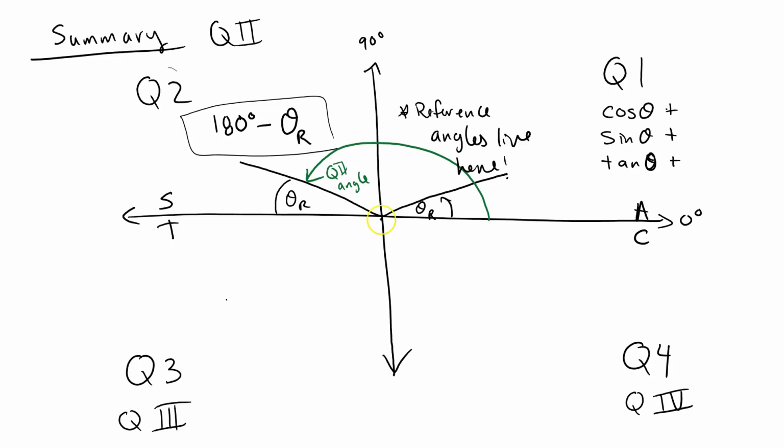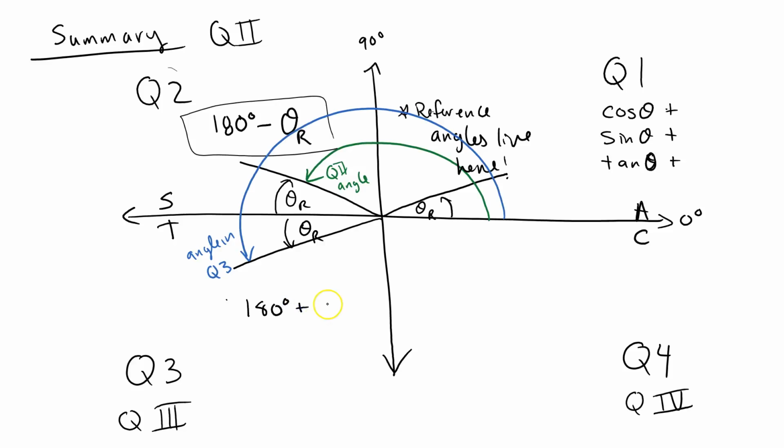To get to quadrant 3, this one right here would be theta r, the reference angle. We use a different color here. This one right here would be the angle in quadrant 3. And to get to this one, we would say 180 degrees plus the reference angle, or theta r.